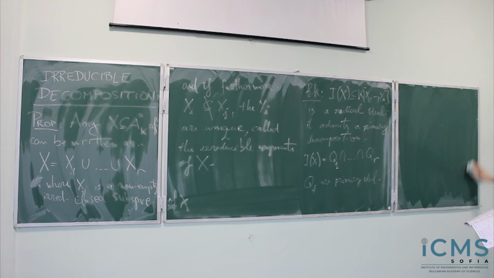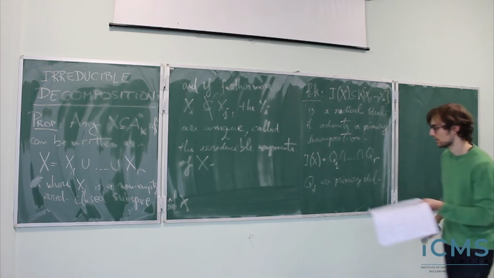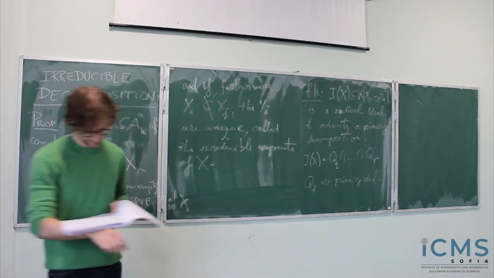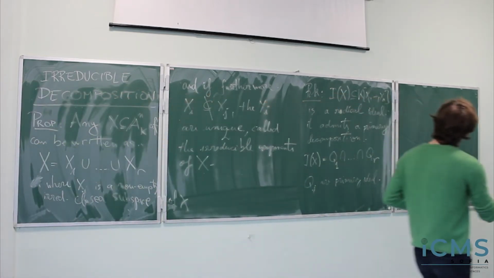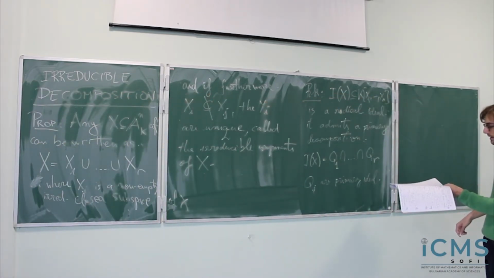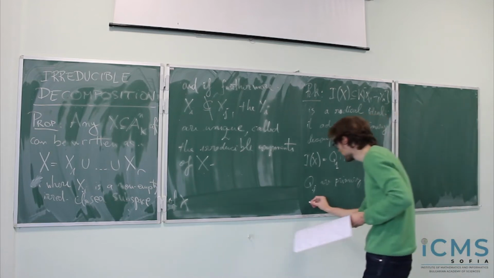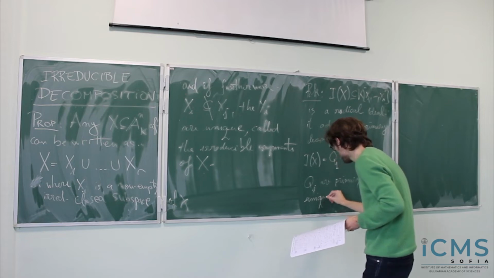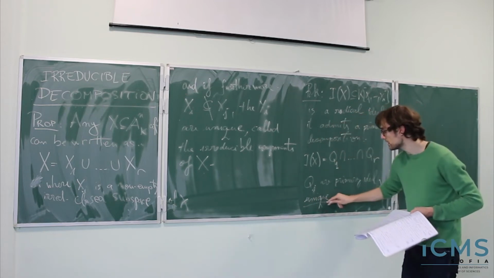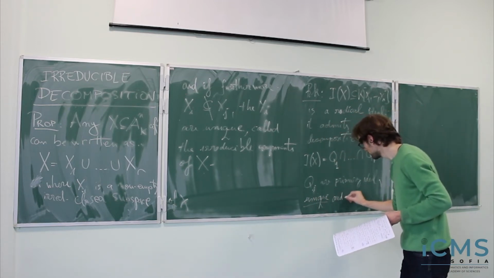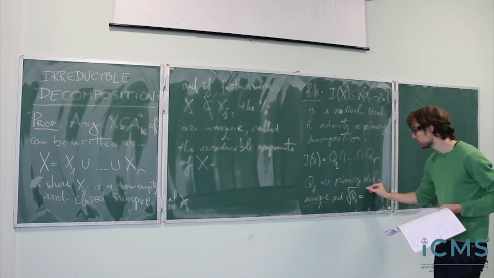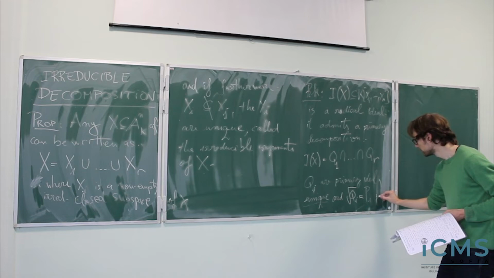But okay, let's shorten our discussion a bit. Okay, so if I take these primary ideals, we can consider them to be unique, right? And we know that their own radical will be equal to a prime ideal.